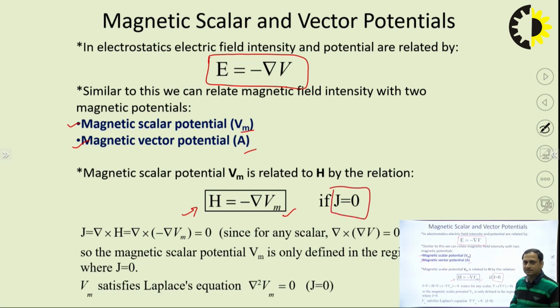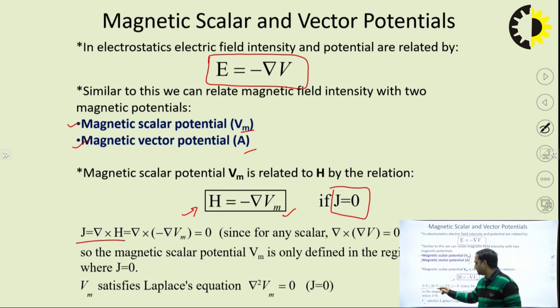If the current density is 0, this equation is the same as the electrostatic field equation. Then we can use the Maxwell's equation J is equal to del cross H, and in place of H we put minus del Vm.